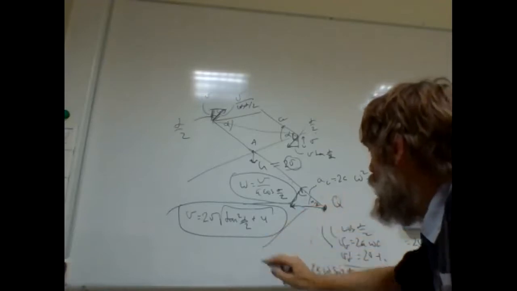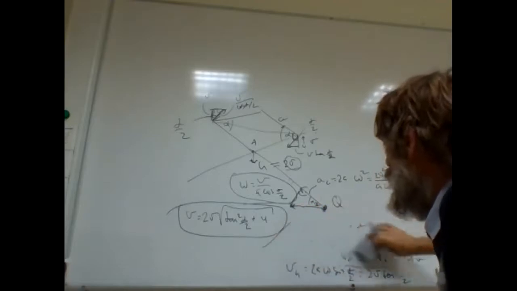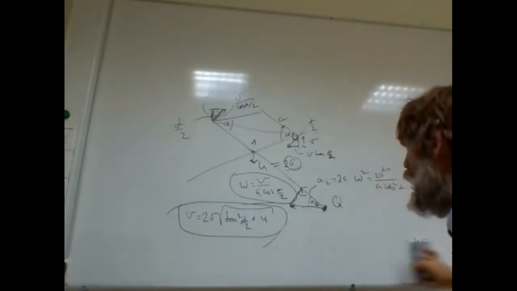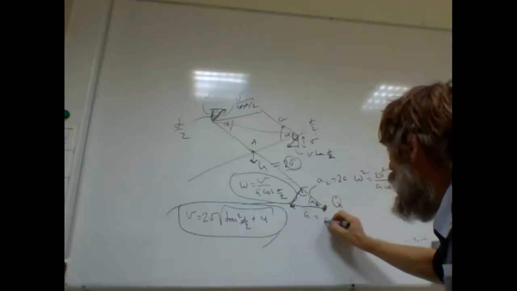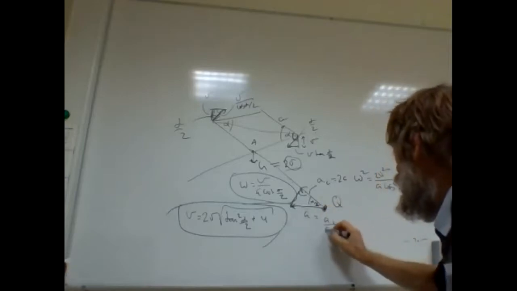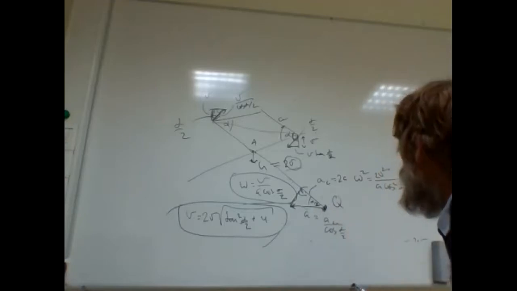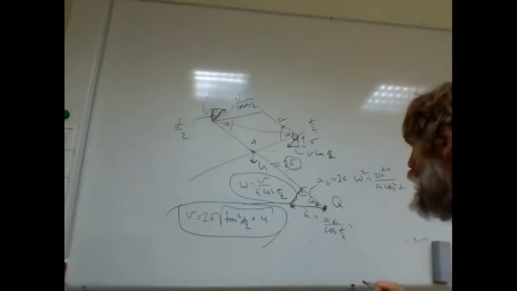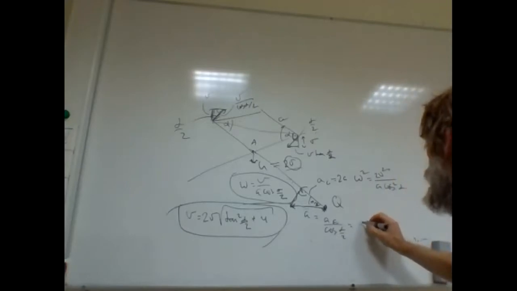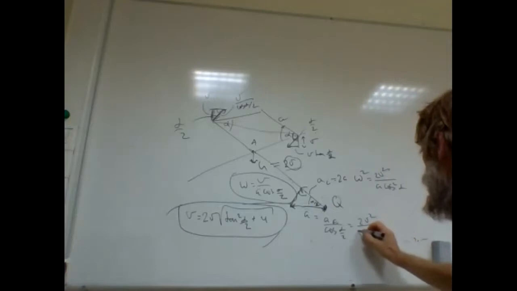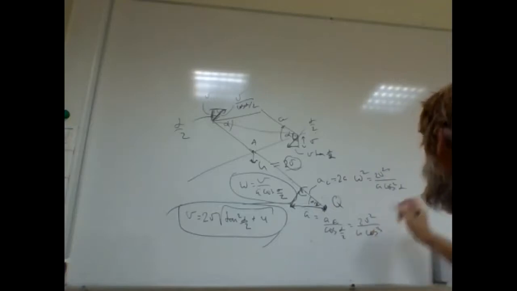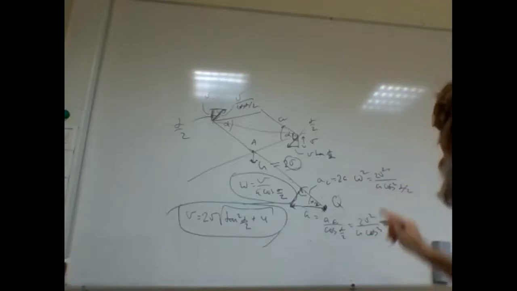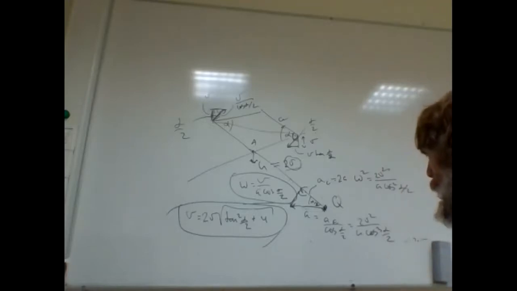So that this acceleration A is AC divided by cosine alpha over 2, and so this is equal to 2v squared divided by a cosine cubed, alpha half. I made a mistake here with alpha half. A cosine cube alpha half. Something like that.